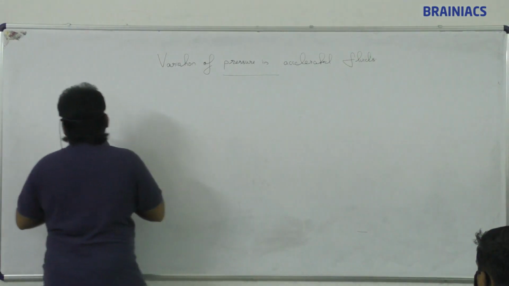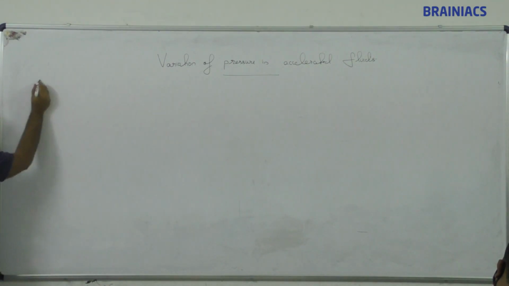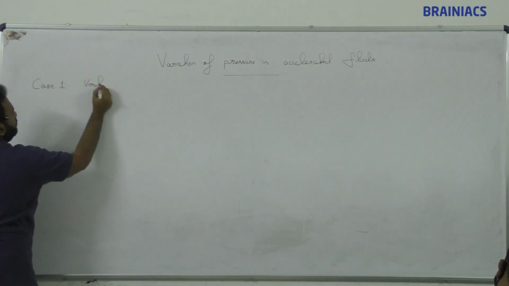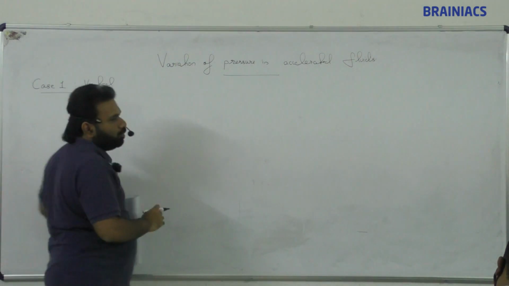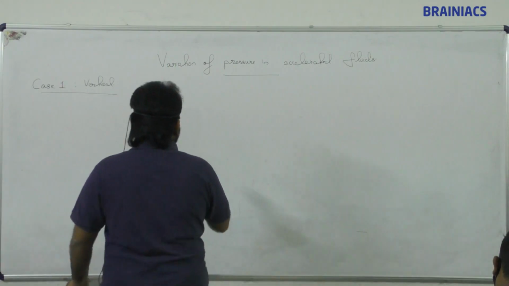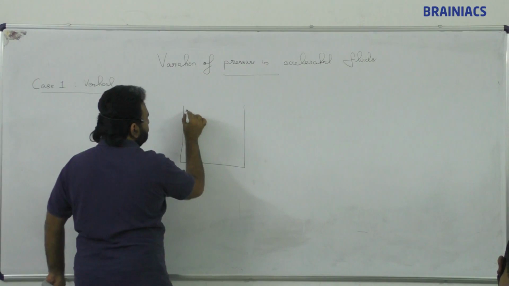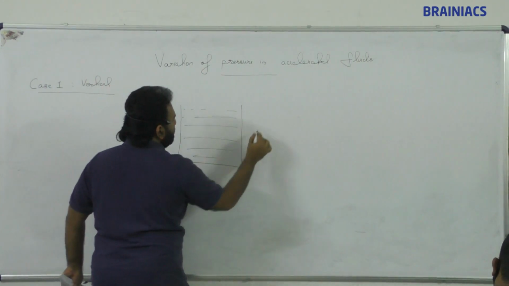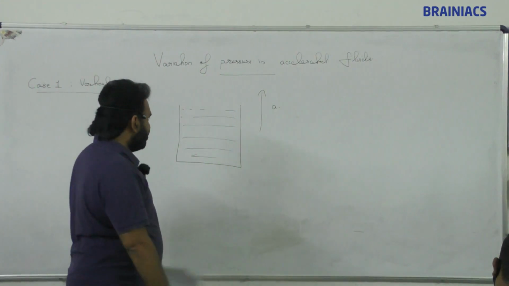So case 1 is vertical. So either it will be going up or it will be going down. Suppose we consider a fluid going upwards with some acceleration A. Clear?